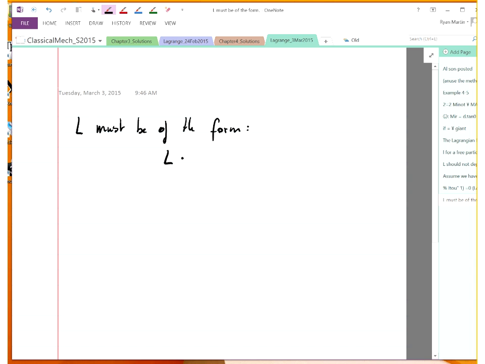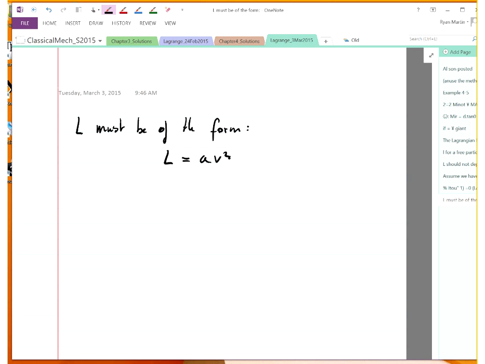So L must be of the form constant times v squared. All right.